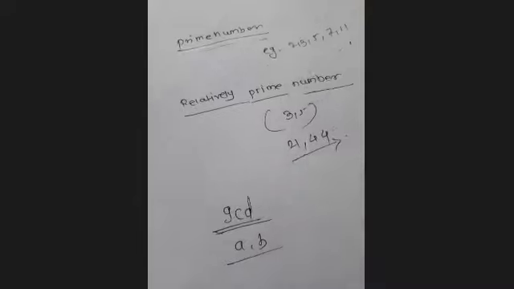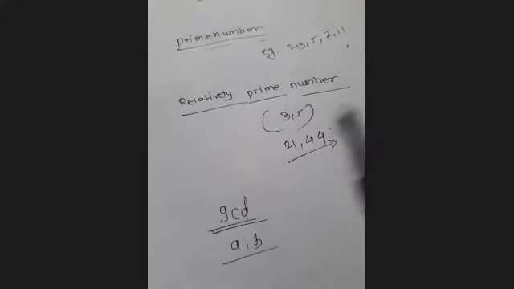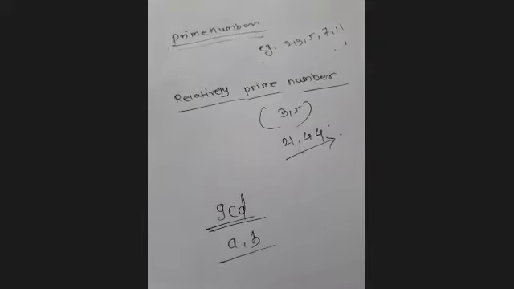And under prime numbers, you will have relatively prime numbers also. So these are the three very basic concepts.